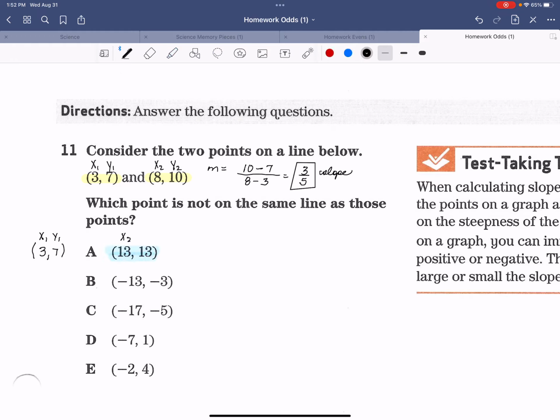So here's x2, y2. And here comes slope. Y sub 2 minus y sub 1, x sub 2 minus x sub 1. So I end up with 6/10. That would reduce by 2. So 2 into 6 is 3, and 2 into 10 is 5. That slope matches what I got up there.